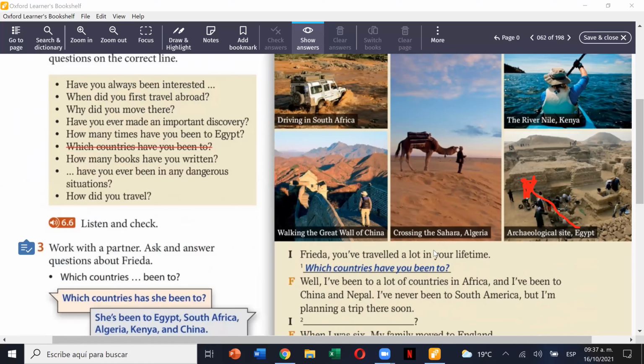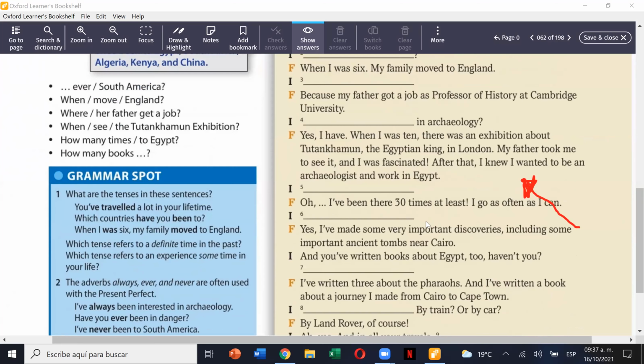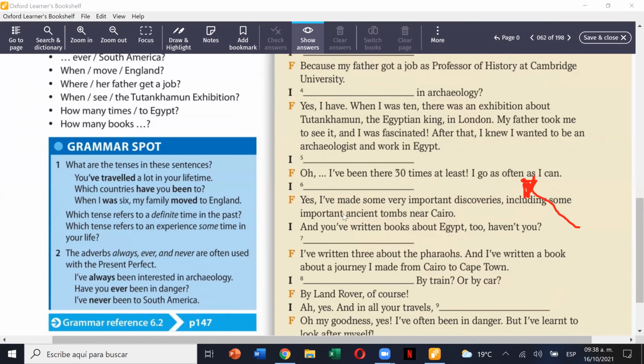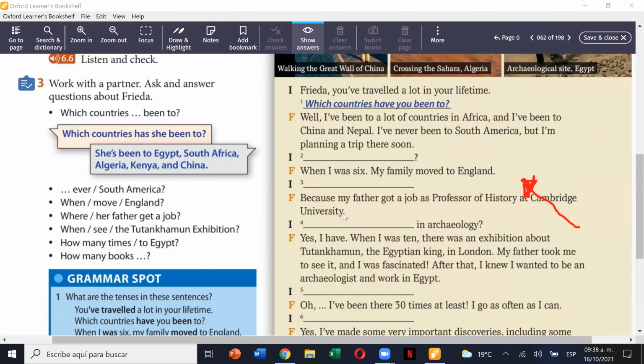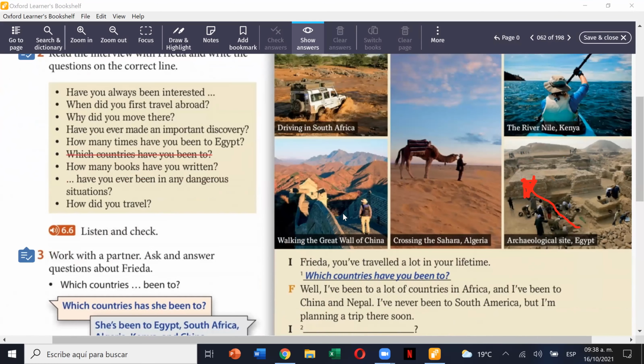How many times have you been to Egypt? Yes, exactly. Then, I've made some very important discoveries. So they are the questions. Have you ever made any important discovery? Yeah, exactly. Thank you very much.